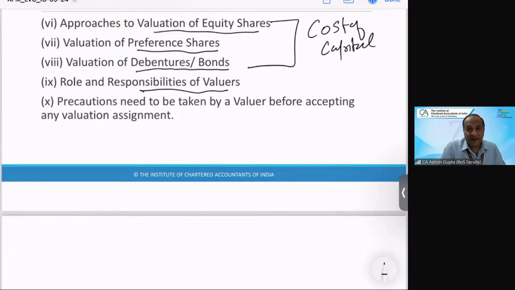Important purposes are merger and acquisition, which we will discuss later on. When one company is acquiring another company, they have to get it valued: how much amount should I pay for this company? Then there is the valuation of securities as well.